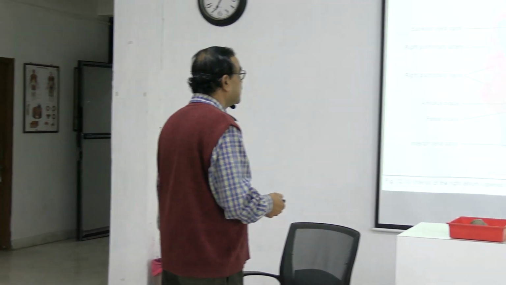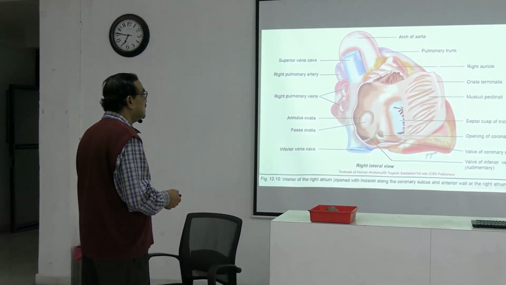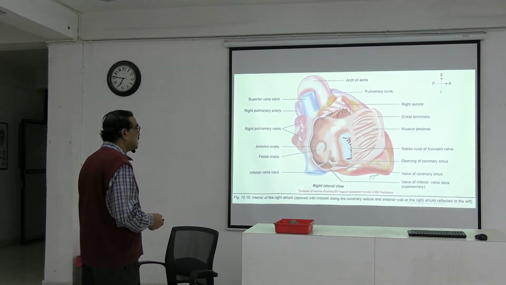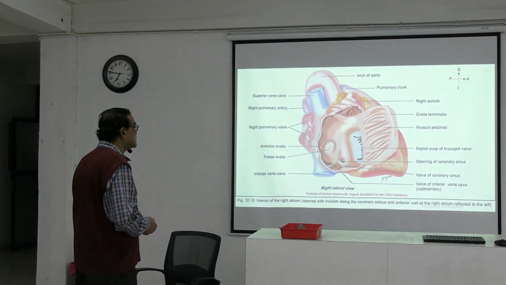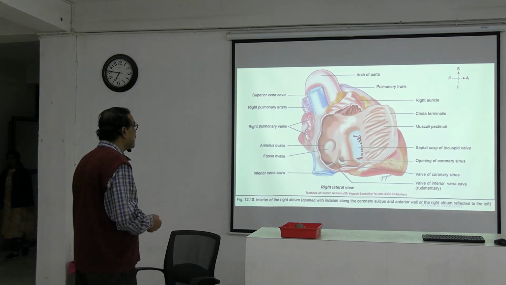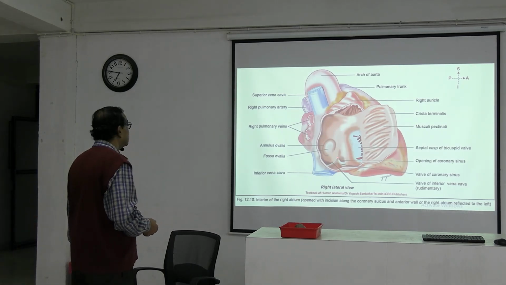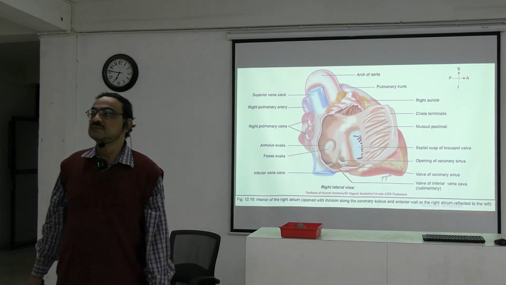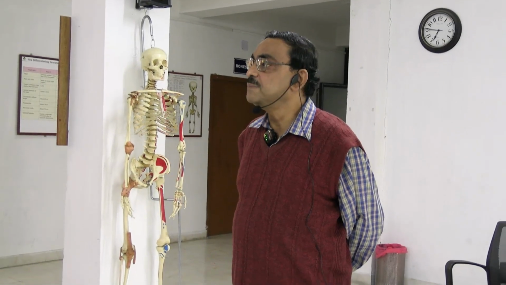is called the atrium proper, which develops from the primitive atrium, and this area develops from the right horn of the sinus venosus, so that part becomes smooth.